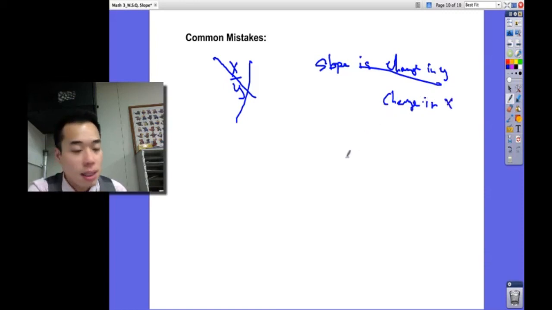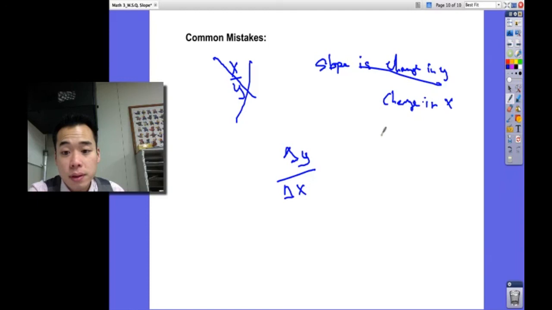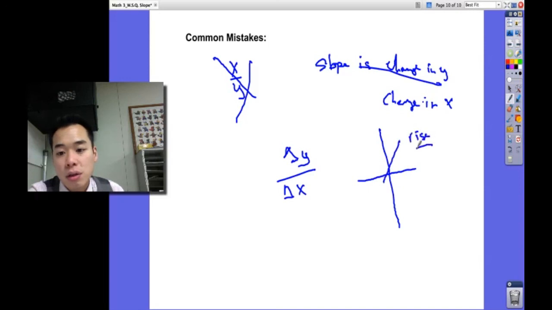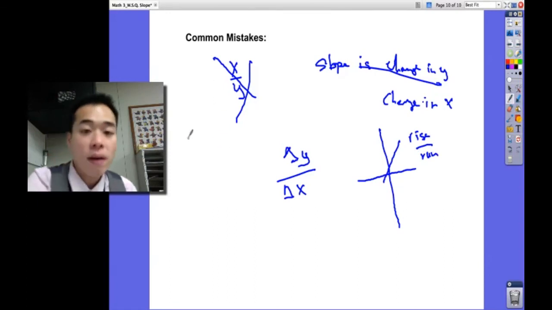In other words, the easiest way to remember is delta y over delta x. On a graph, I have to go rise over the run. So remember, do not do x over y for the slope.